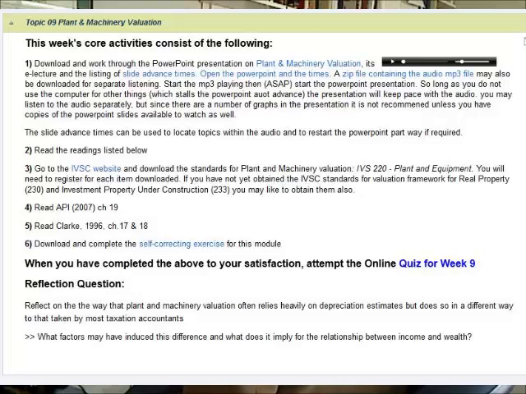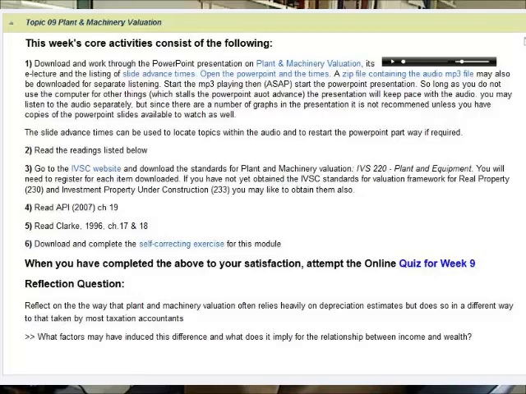But it's important to go through at least the concepts in this topic to get an idea for the way that non-real estate property assets behave, and the way that when we go to plant and machinery valuation, things like depreciated replacement value suddenly start to take a far stronger place in the array of approaches to valuation. And it's useful for you by now to have thought through the reason this essentially cost approach is so important in plant and machinery valuation, but relatively unimportant in real estate valuation.